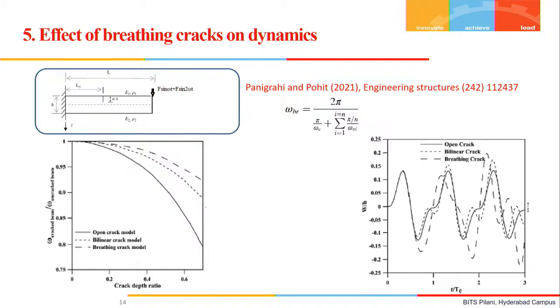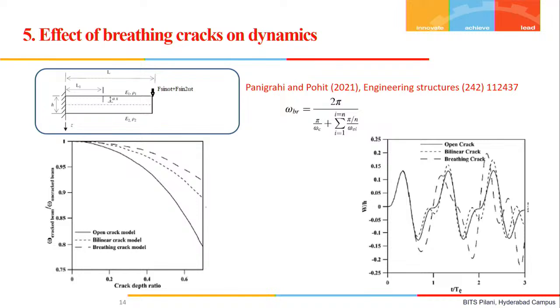For the other half cycle of the vibration, the flexibility will be induced, but the crack will grow gradually, and therefore the flexibility will be a time dependent term, and hence the stiffness. So since stiffness is a time dependent term, if we take different instants of time, the frequency will come out different.